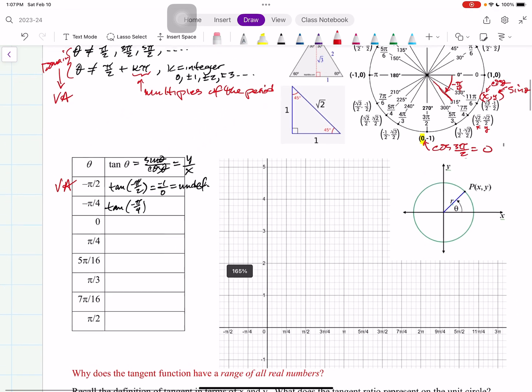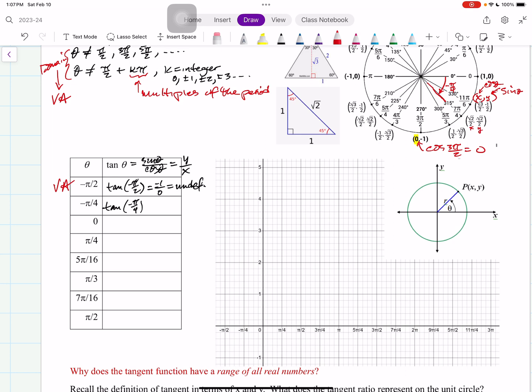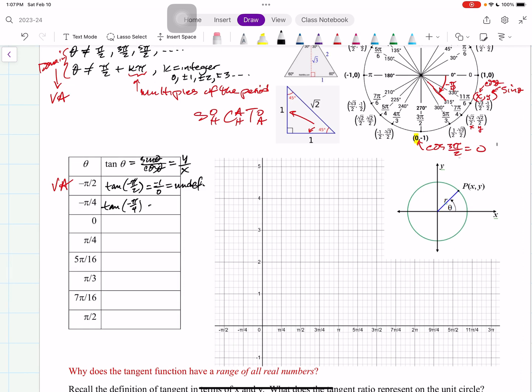That's one way you could do that. Or you can simply look at the triangle here, the 45, 45, 90, because we're dealing with SOHCAHTOA here. Tangent is the opposite side divided by the adjacent side. And that's going to be 1 as well, but it's in quadrant 4, so it's negative. All right, so this right here is negative 1.